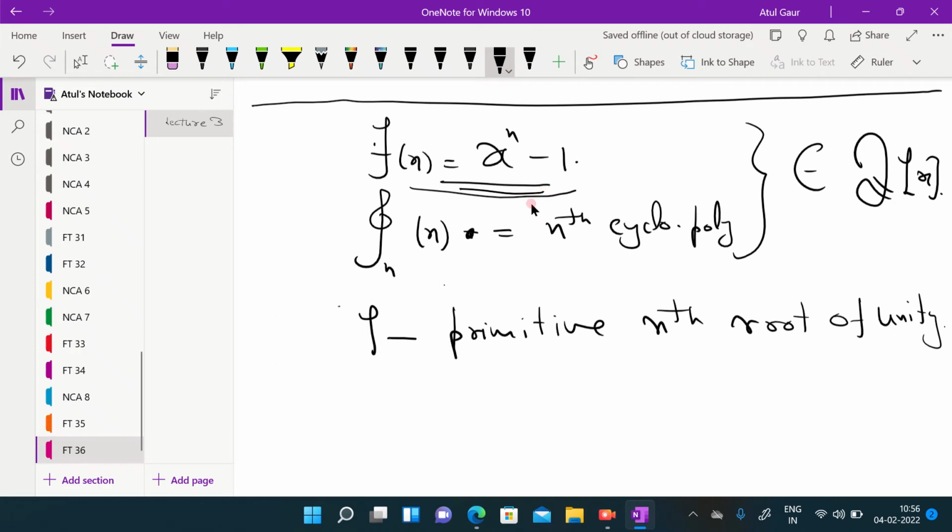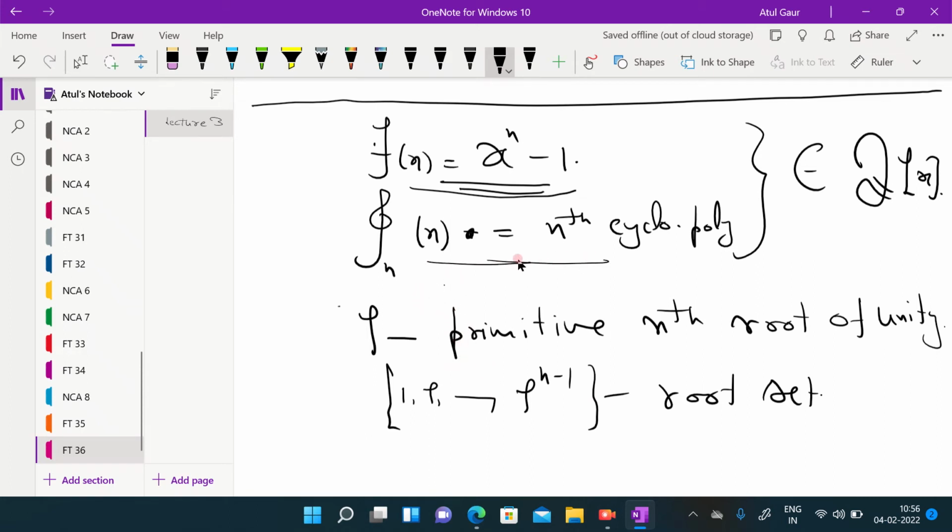Is that not? Yes, sir. Because 1, rho, rho square up to rho power n minus 1, they are all the root set. And once you have a primitive nth root of unity, you will have all the roots of phi n x too.